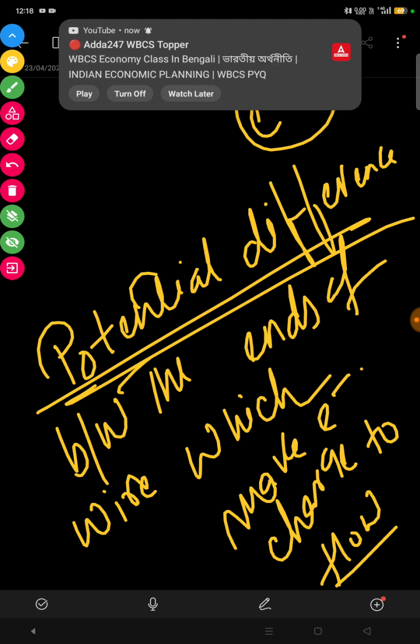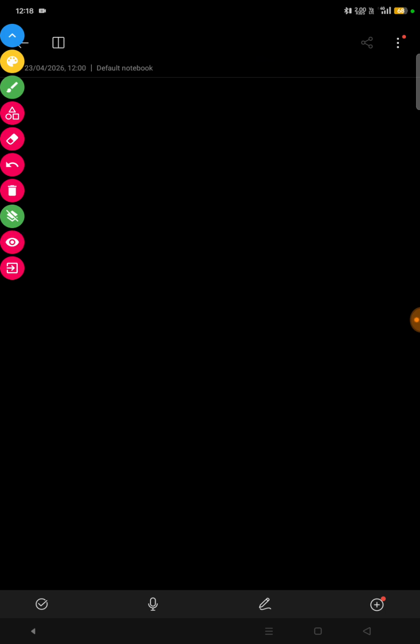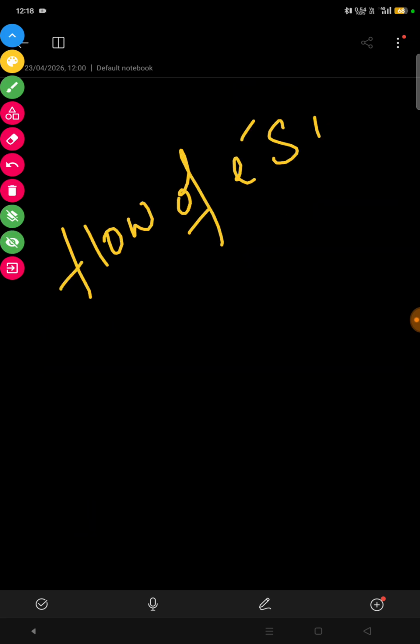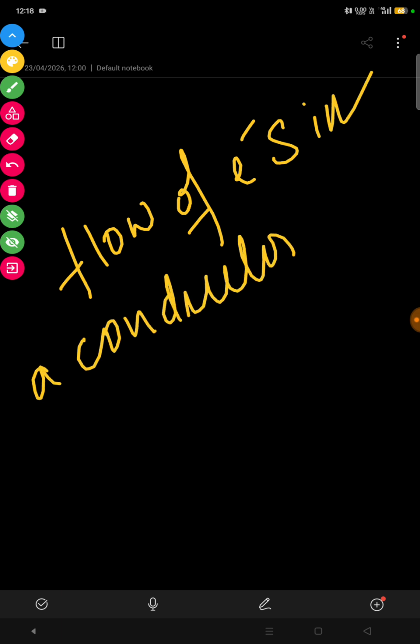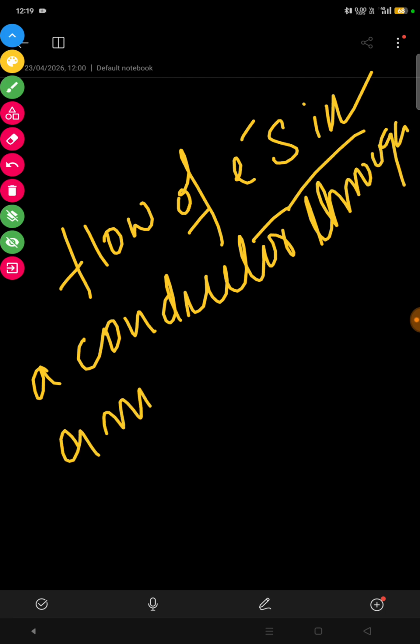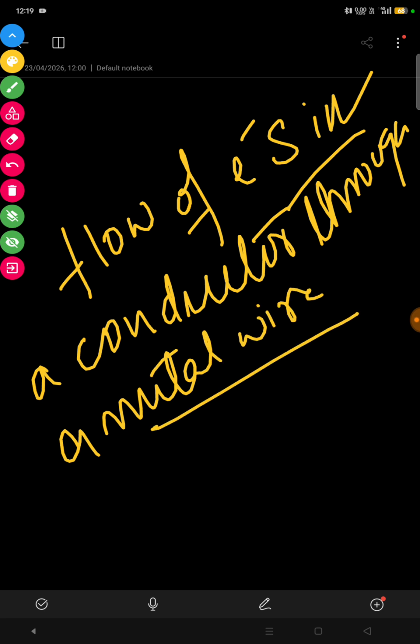Okay, so electric current is nothing but the flow of electrons in a conductor, through a metal wire.